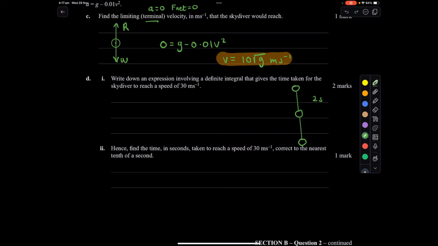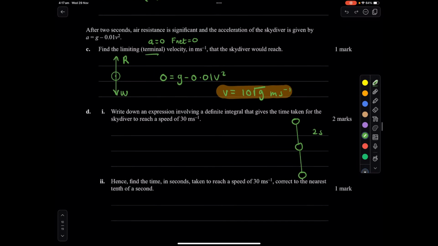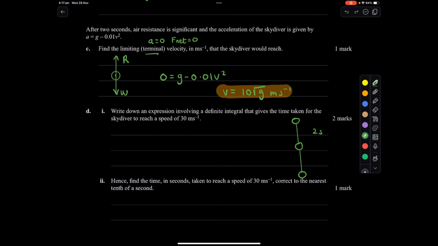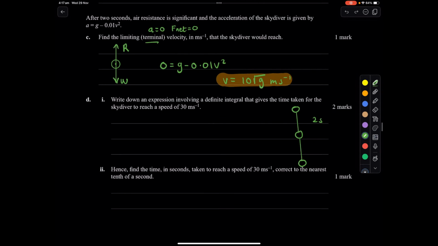So how do we do that? Well, let's think. Because we're writing a definite integral, acceleration can be written as dv/dt. Now this expression also deals with t. dv/dt is equal to g minus 0.01 v squared.